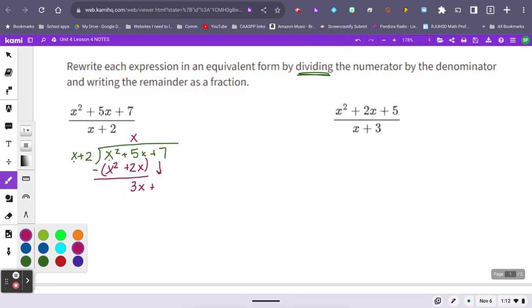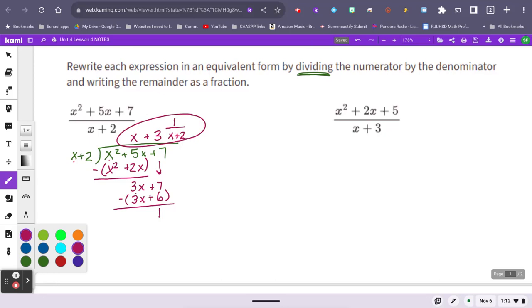Bring down the next number. x goes into 3x 3 times, and we multiply it. 3x plus 6, and we know we're subtracting. So 3x minus 3x is gone, and 7 minus 6 is 1. And we're writing our remainder as a fraction.